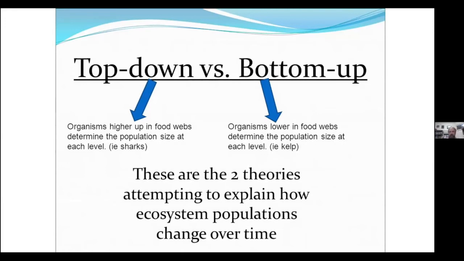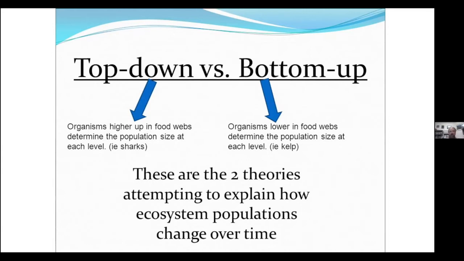A hot debate in ecology for 30 years has been top down versus bottom up. Top down would be organisms higher in the food chain are going to reduce or limit the number of prey below them, lower trophic levels is how it's generally referred to. For example, sharks, or even more appropriately, killer whales. Killer whales can limit sea otters.